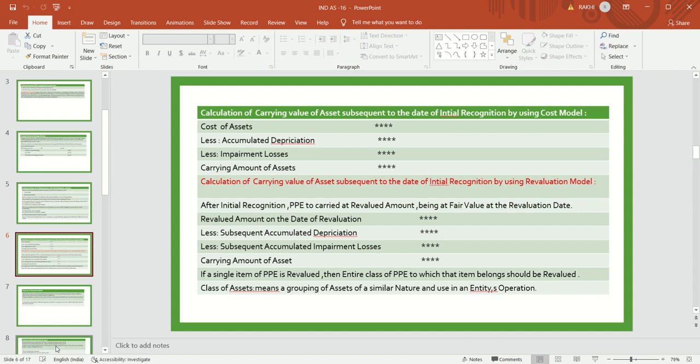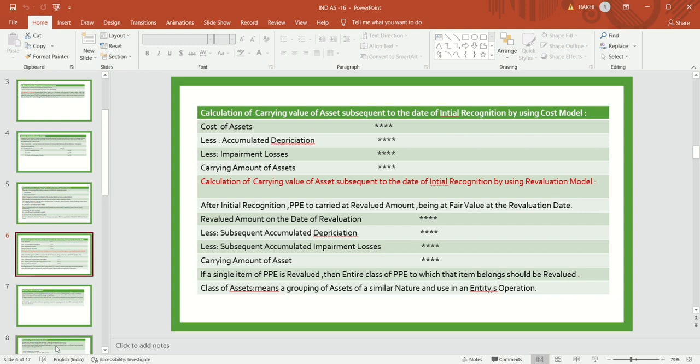So if the volatility is higher, then the company will use the revaluation model and will revalue its asset frequently. But if the volatility in the value of the asset is less, then the company can revalue its asset every 3 or 5 years.